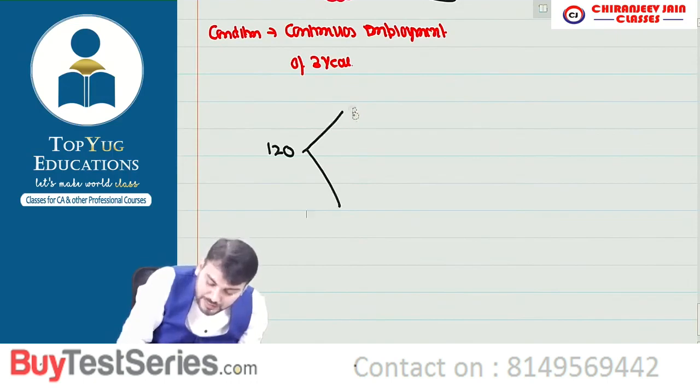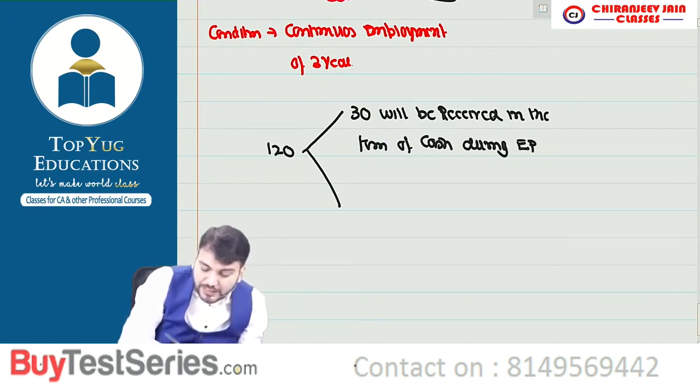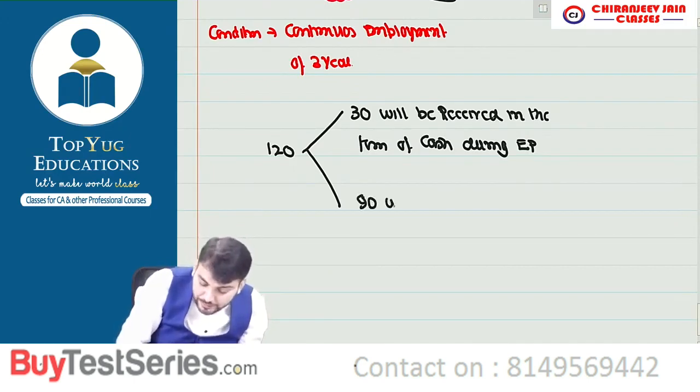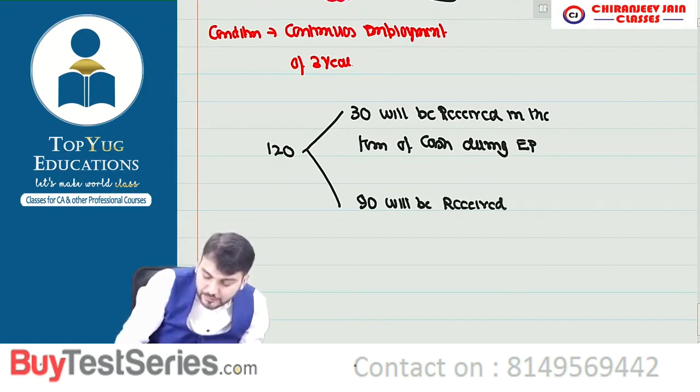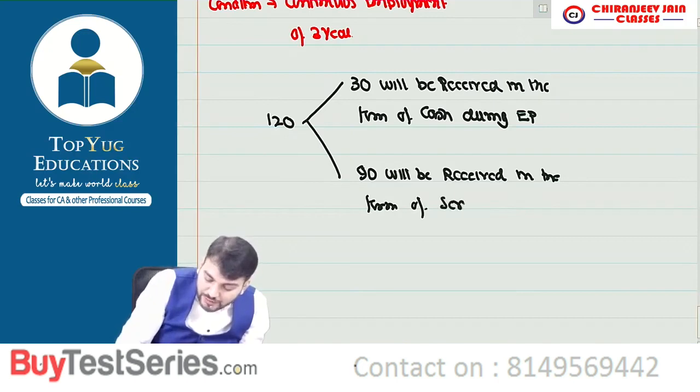Out of these, can I say 30 will be received in the form of cash, which is the exercise price, and 90 will be received in the form of services during which period?